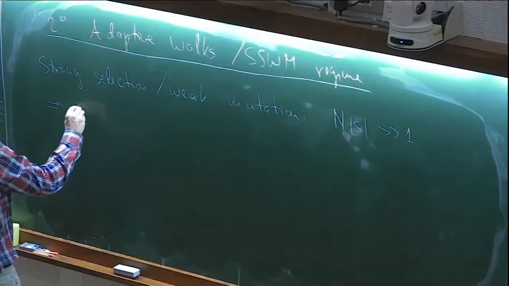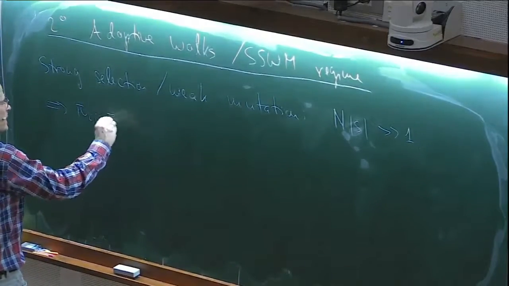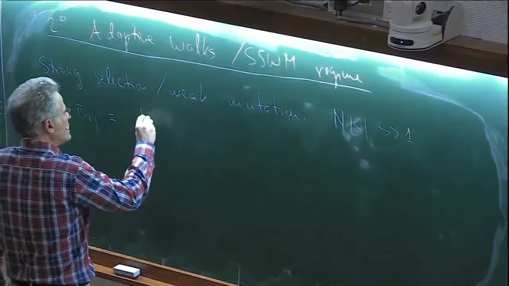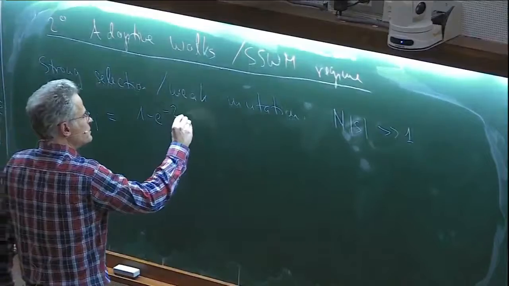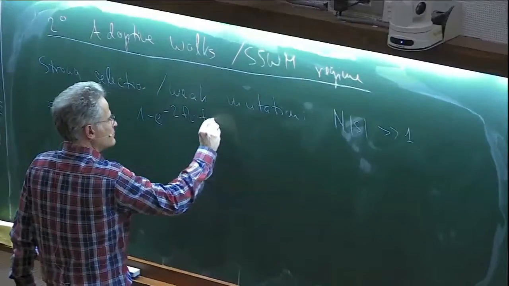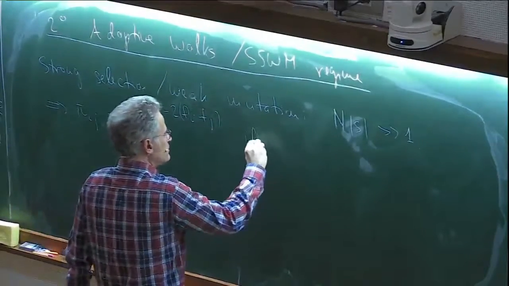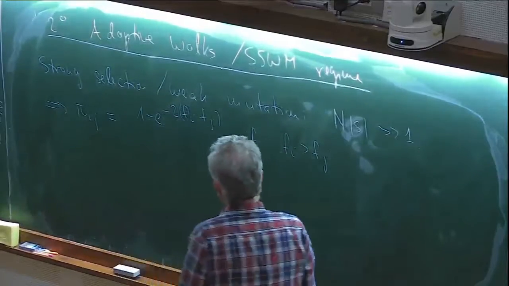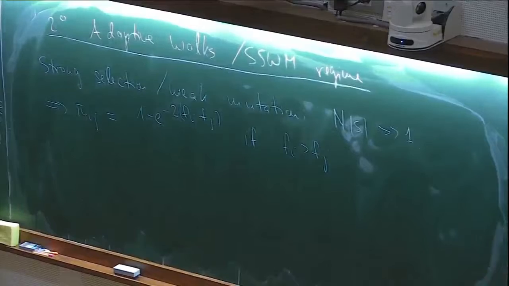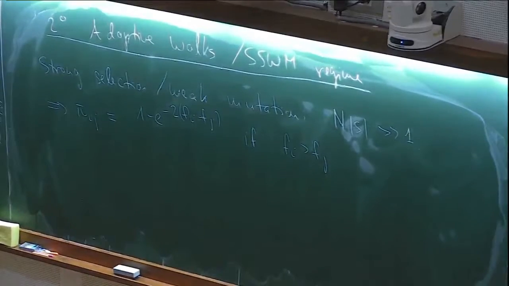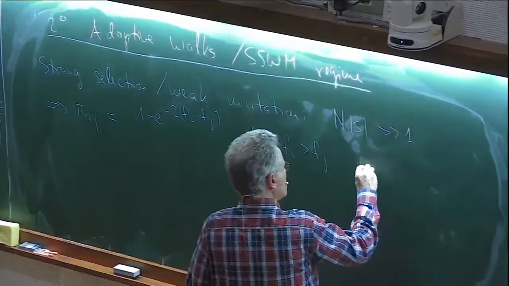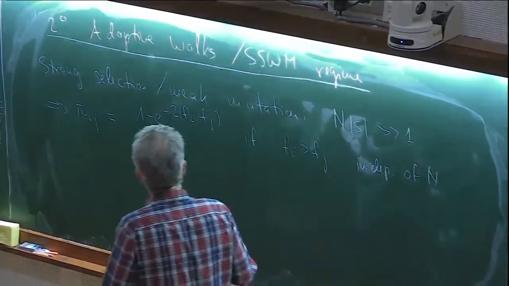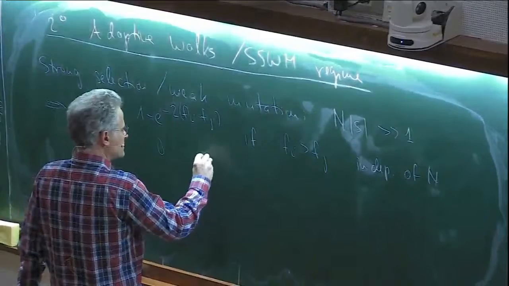So this means that I basically put Pij equal to 1 minus e to the minus 2 times (fi minus fj) if fi is greater than fj. So for beneficial mutations, the fixation probability becomes independent of n. The population size drops out now. And it's simply zero if the mutation is deleterious.